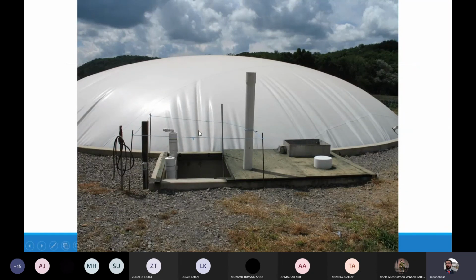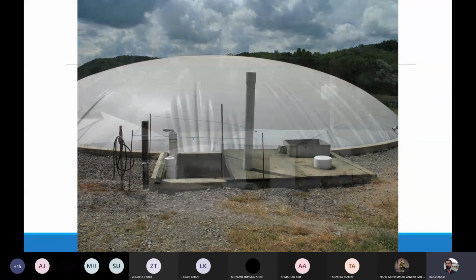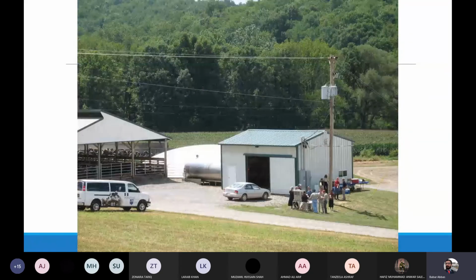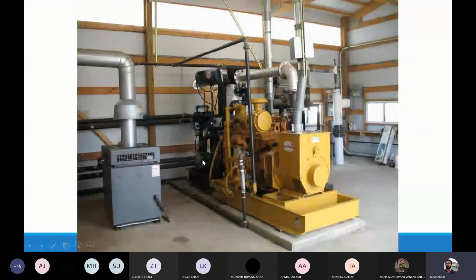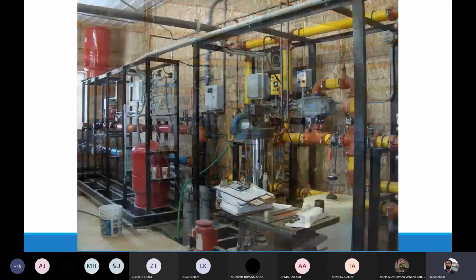This is another anaerobic reactor for biogas production. This is the conversion of biogas to energy or electricity. You can see the biogas anaerobic digestion reactor here as well. This is the generator of electricity from the biogas.